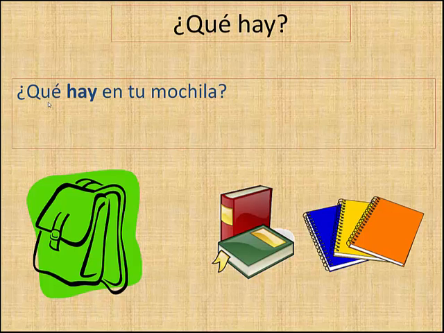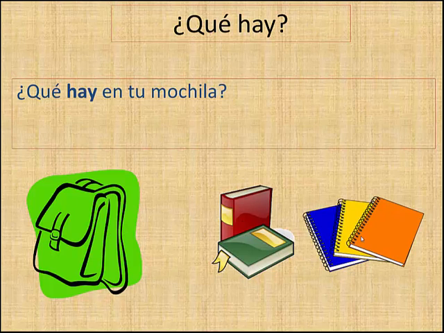But really, if we use the truly fully correct structure in English, you truly would be asking, what is there in your backpack? What objects, what things are in your backpack? Now, we don't do that in English. What we say is, what's in your backpack? However, this is still the expression of there is or there are. Okay, so ¿Qué hay en tu mochila? What is there in your backpack?